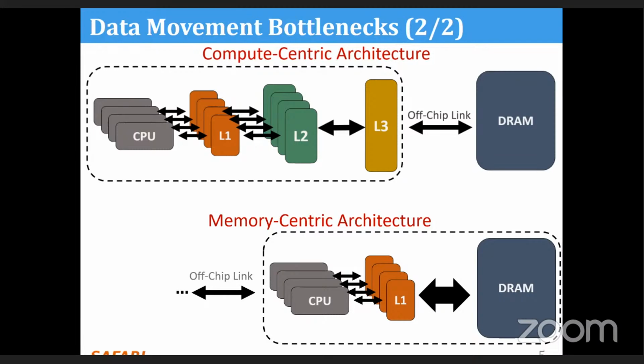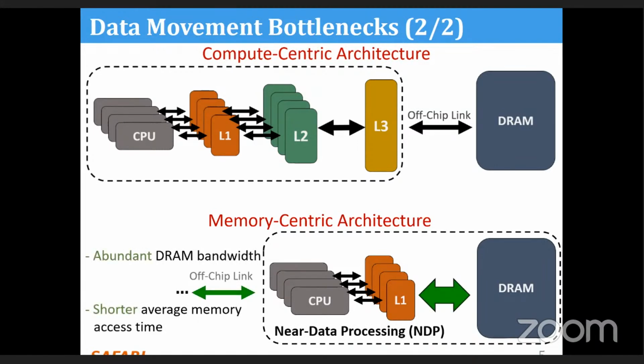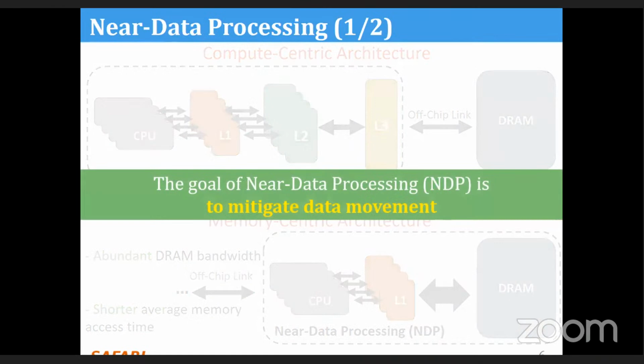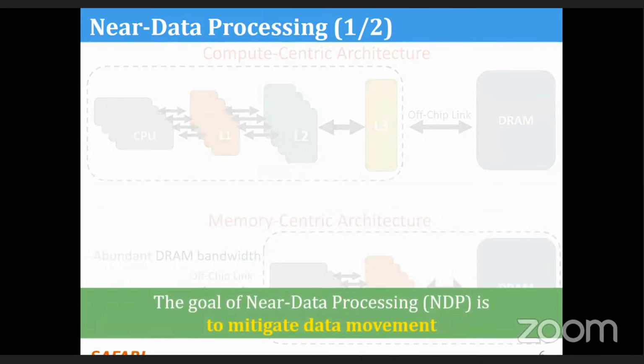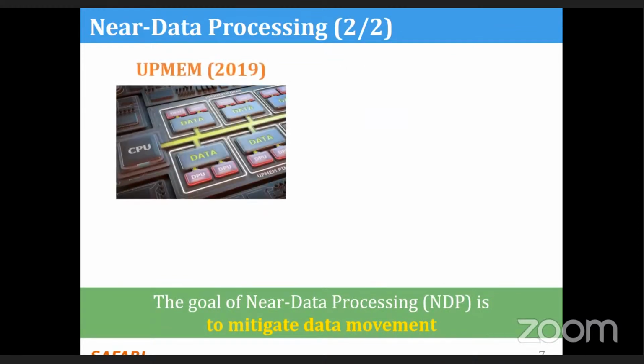Recall the example of the UPMEM PIM architecture, where we only have MRAM and WRAM. In this case, instead of using a WRAM, which is a scratchpad memory, we use L1 memory per CPU, but in the end, it's a very similar setup, as you can see. And this is what we call near data processing, or processing near memory. And we want to study how much near data processing can mitigate the data movement bottlenecks.